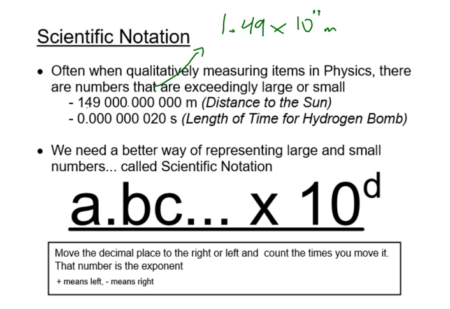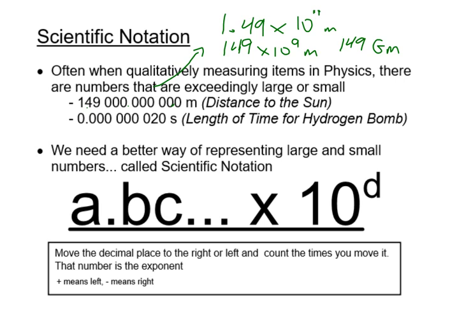Rather than moving the decimal place over 11 times, write it as 149, and then move it over 1, 2, 3, 4, 5, 6, 7, 8, 9. But then rather than saying 149 times 10 to the 9, I could call it 104 meters. That's also possible. So sometimes we want to find a way to shorten these numbers because they're too long.